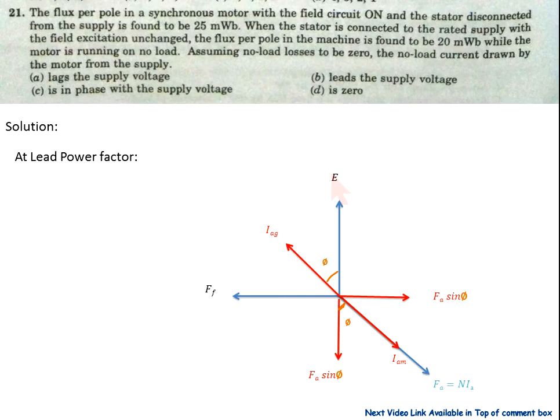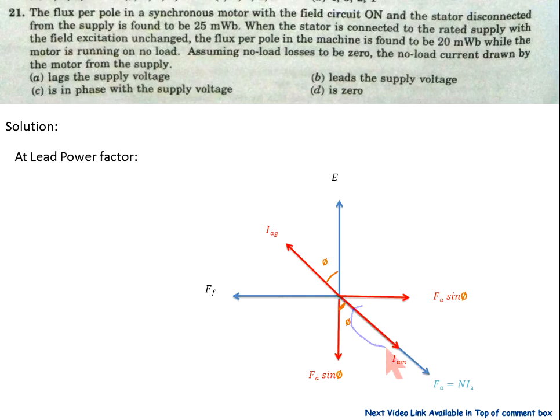At the leading power factor, the generator current is led by the angle phi, that is the input power factor angle. But in the case of a motor, the generator current Ig equals minus Im, so current flows in the reverse direction, but both are equivalent.